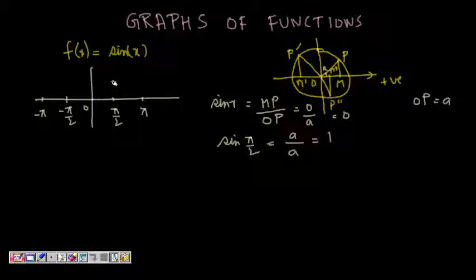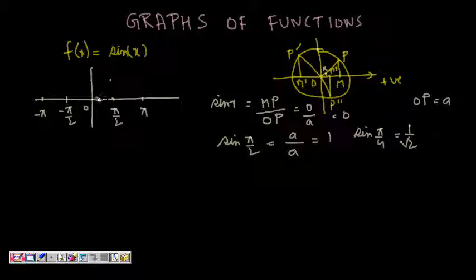In between, at sin of pi by 4, MP and OM are equal, so the value is 1 by root 2.